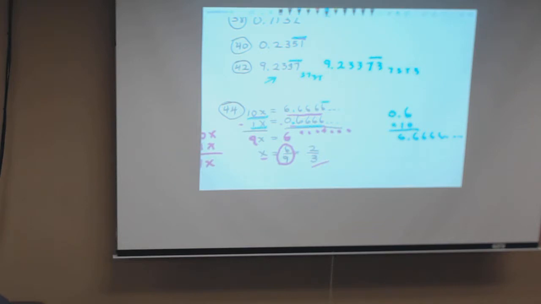Now I subtract those two. What's 6.6666666 minus 0.6666666? 6. See how I got rid of all the stuff that repeats by doing this little subtraction thing?